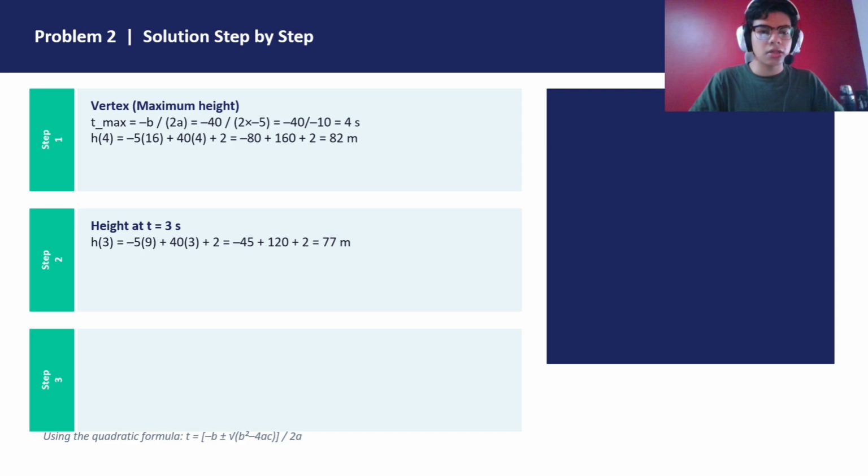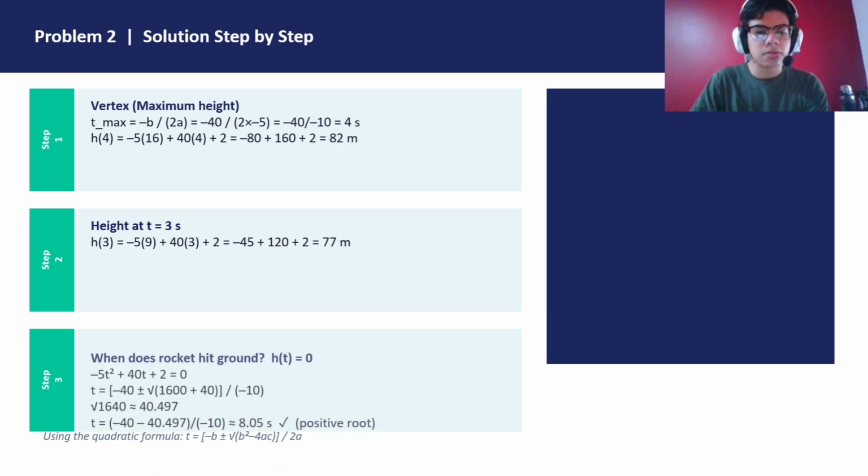And the height at 3 seconds: h of 3 equals minus 5 times 9 plus 40 times 3 plus 2, equals minus 45 plus 120 plus 2, equals 77 meters.